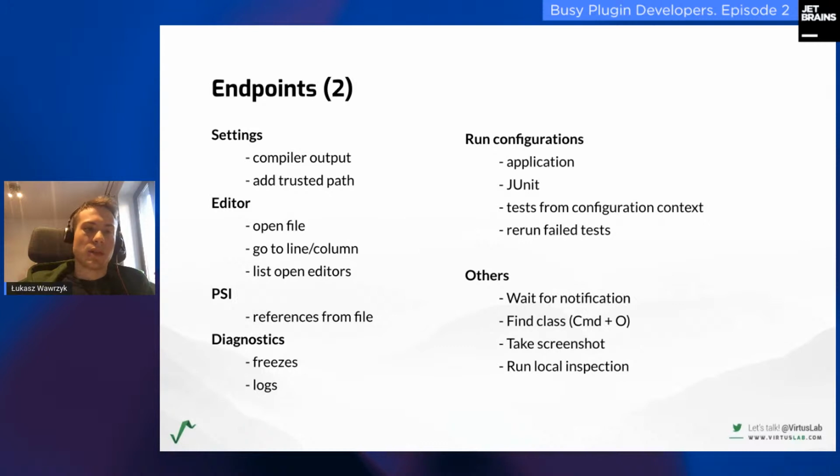You can change some settings. You can change the trusted path. This helps you with the prompt that asks you if you want to trust the project. By default, ide-probe just disables it.